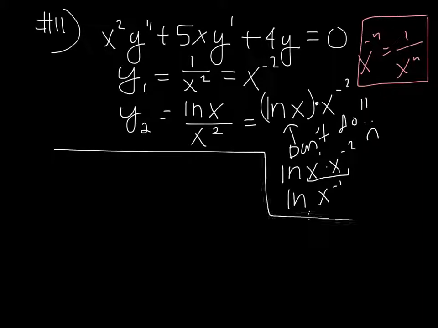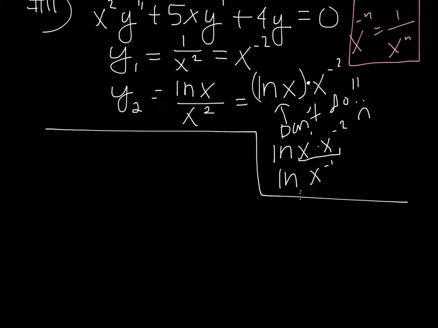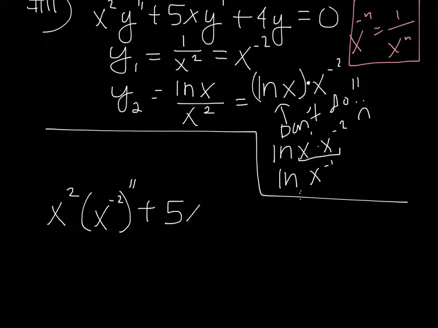All right, let's continue with the problem. Okay, so let's substitute 1 over x squared, which is x to the negative 2. So x squared times x to the negative 2, and I'm taking two derivatives, plus 5x, again x to the negative 2, one derivative, plus 4y.